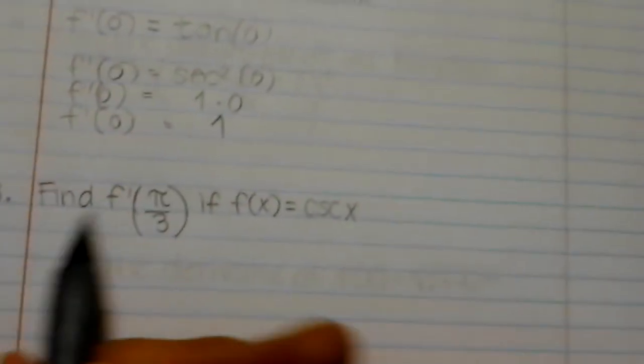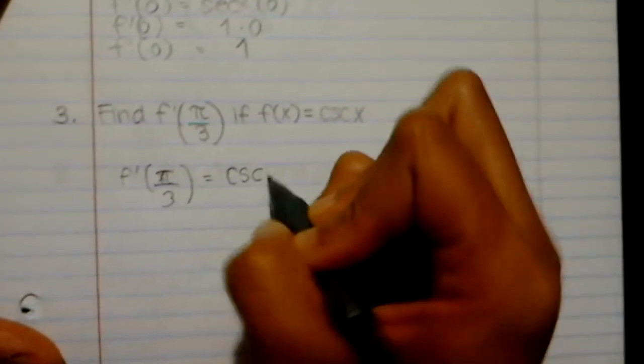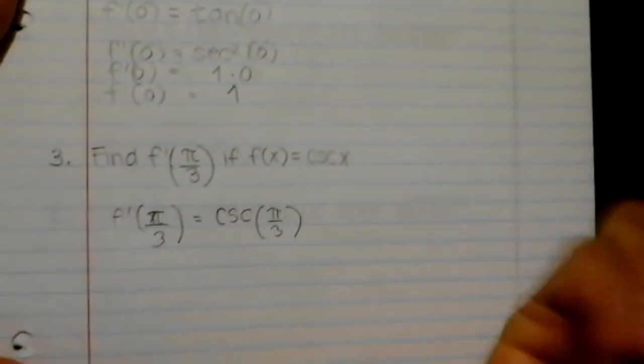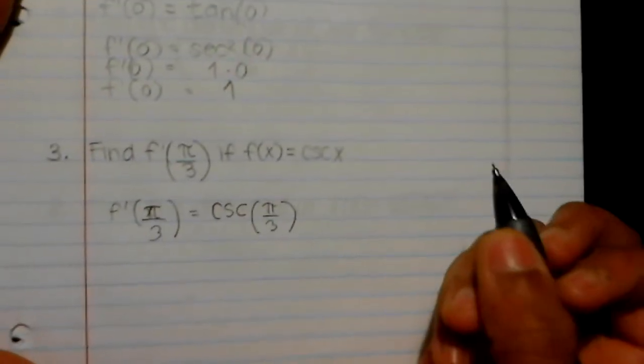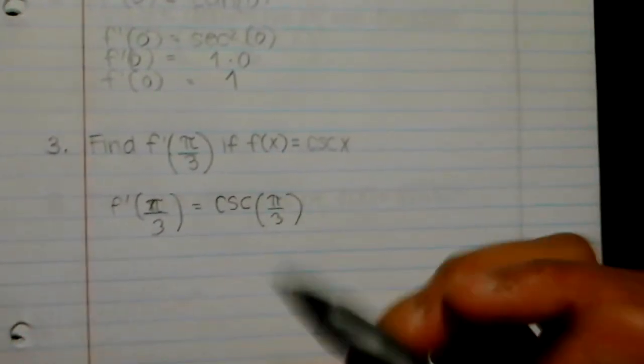Okay, number 3 says find f prime of pi over 3 if f of x equals cosecant x. You're going to prime your function. Pi over 3 equals secant. Replace the pi over 3 for x. Then you really have to know trig when you're trying to solve this equation.